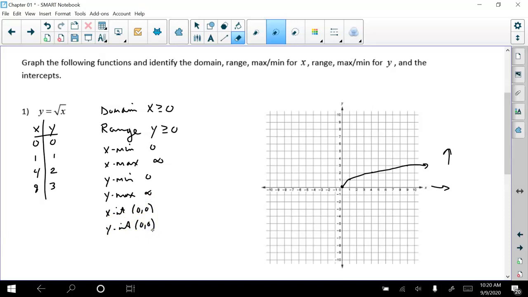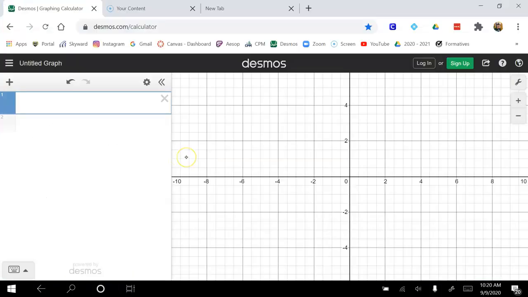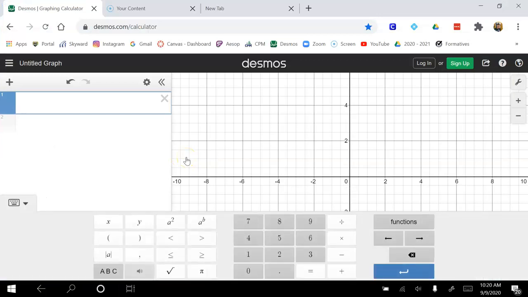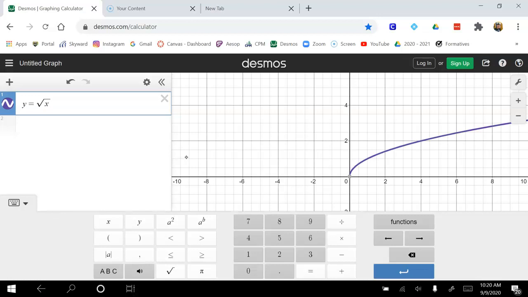Now, we can see the same graph using Desmos. So here's what Desmos looks like. To get to the variables, go to the keyboard, y equals, and then the square root of x. And what's nice is it types it exactly as you see it when you type on paper.